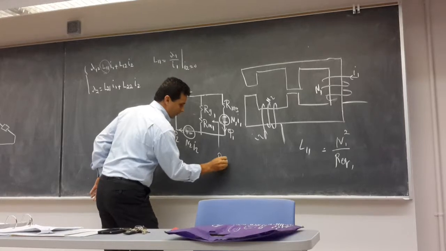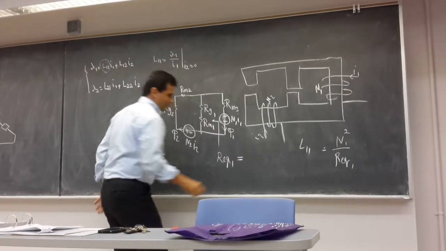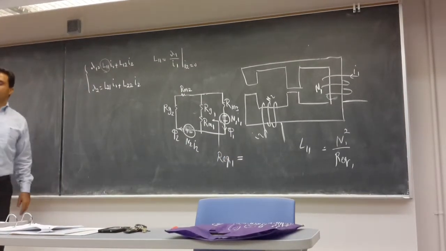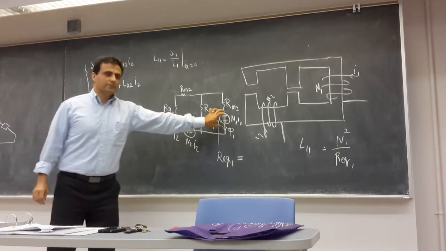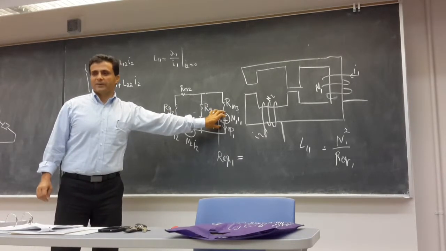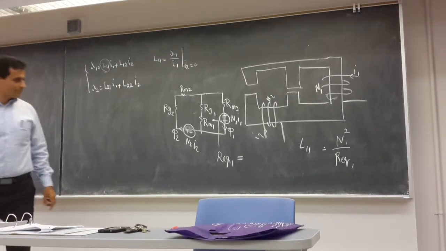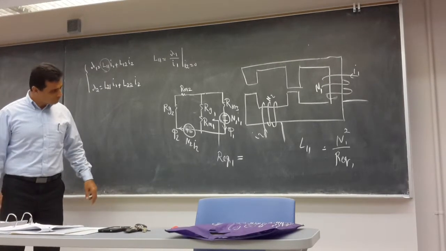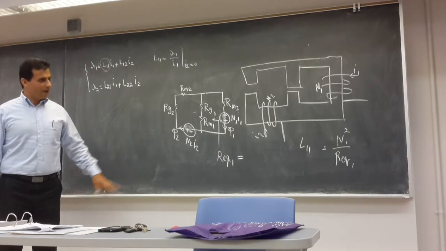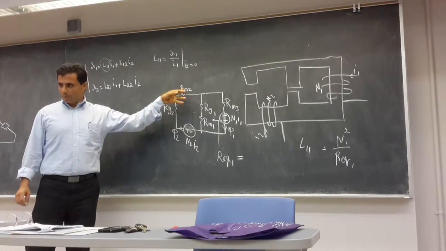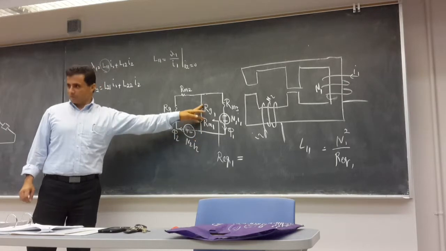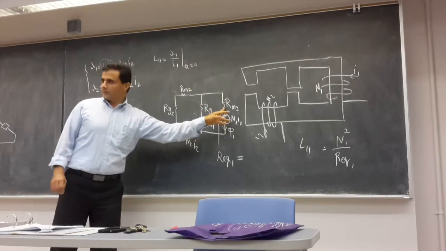How much is the ReQ1? Somebody tell me. If I look from here, how much is the equivalent reluctance of this circuit? RG1 in series with RM1, in parallel with RG2 plus RM2, plus RM3. Basically, this one plus this one, parallel with this one plus this one, plus this one.